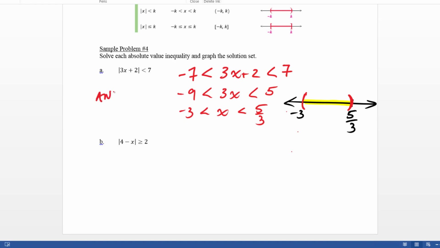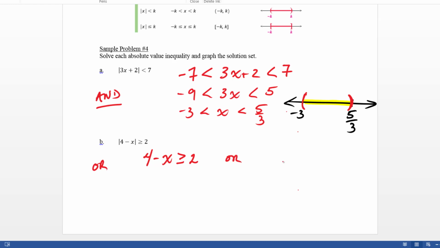That's an AND statement. Now the one in part B is greater than or equal to this time, and so this is an OR statement. So I need to set up two separate inequalities. The first one, I'm just going to take the expression out of the absolute value and set up my first inequality.